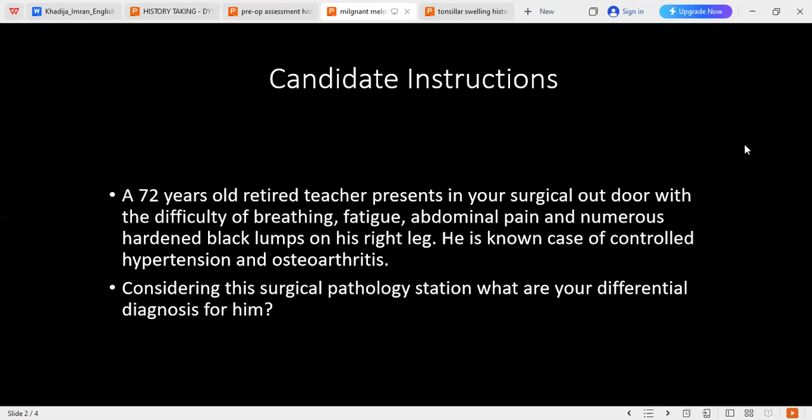If the condition is recurrent, then I'll offer the patient a vena cava filter. When is this vena cava filter contraindicated? If there is any renal impairment.